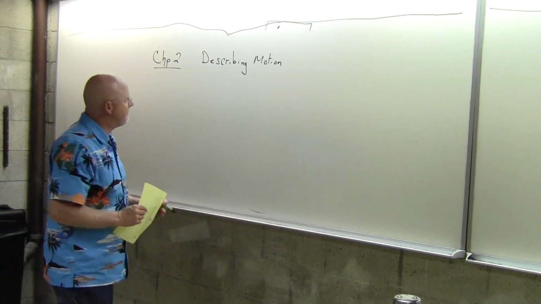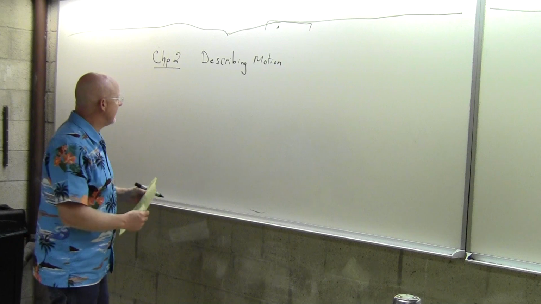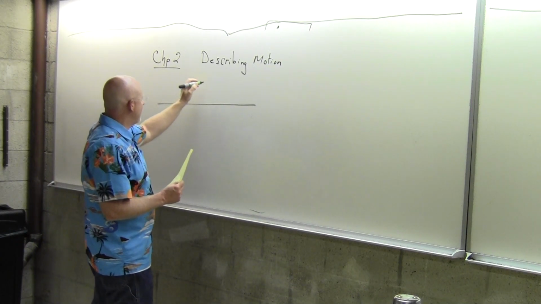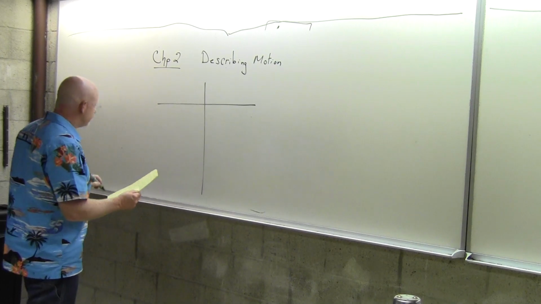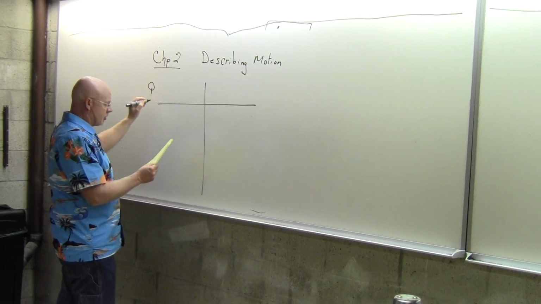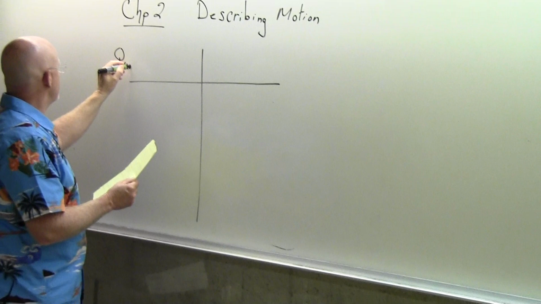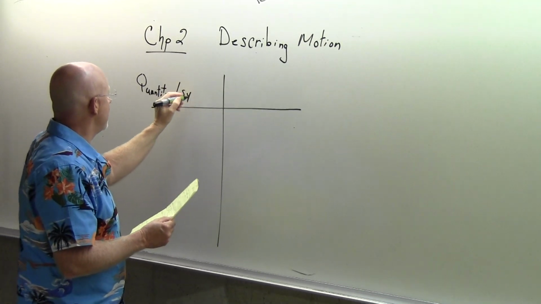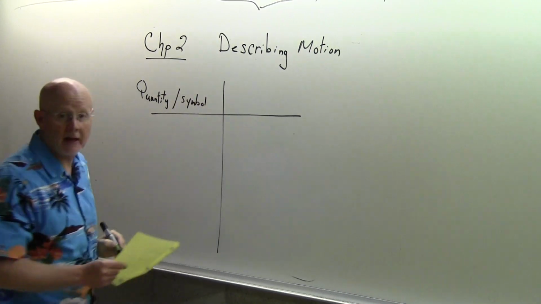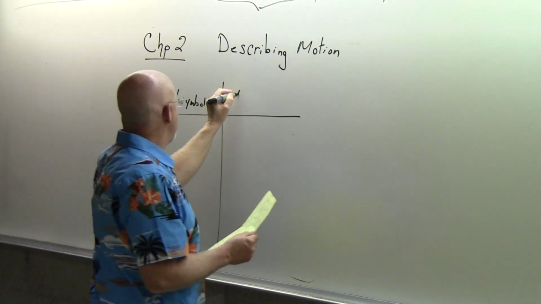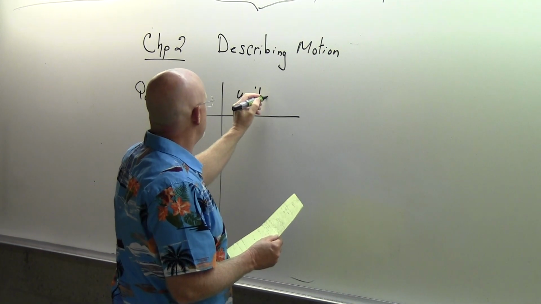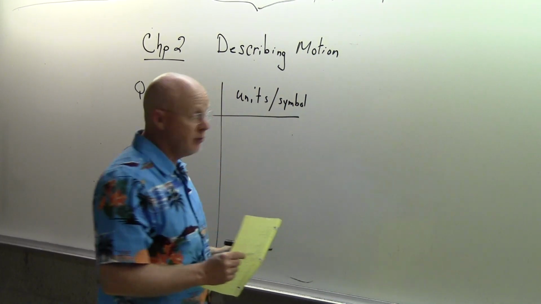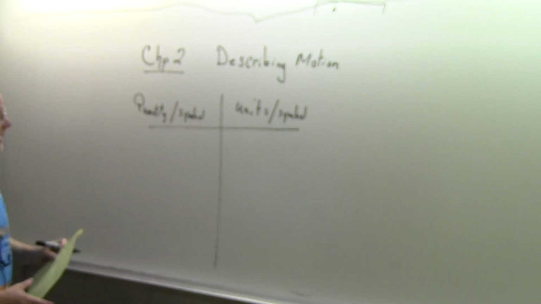Now, let me kind of pick up today where we left off yesterday. And that is if I make a little chart. And on one side of the chart here, I put the quantity with then the symbol for that quantity. And then over here, I put the units that are used to measure that quantity.